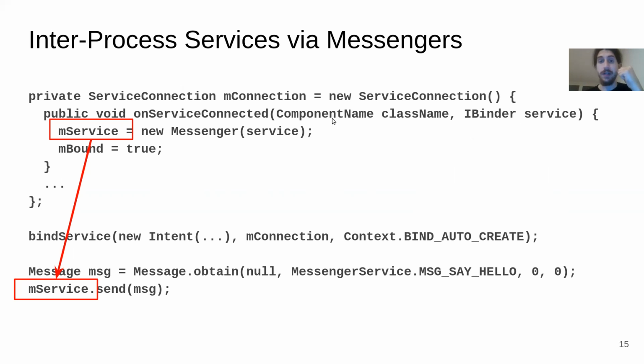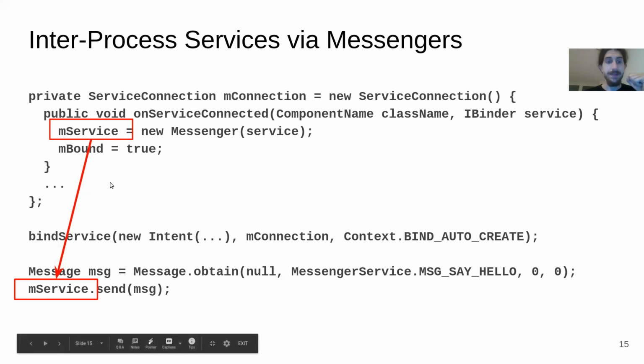This IBinder is passed to onServiceConnected, and now the caller can create a Messenger that wraps this IBinder. Now you have an object, this mService, that allows you to talk to the service you have just been bound to. Once you have this mService, you can send a message. How do you do it?